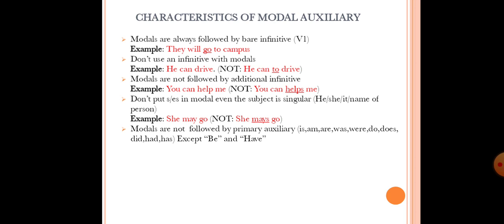And then modals are not followed by primary auxiliary like is, am, are, was, were, do, does, did, had, has, except be and have. Examples: she will be waiting for you. She will have waited for you. Not she will are or she will do or does.